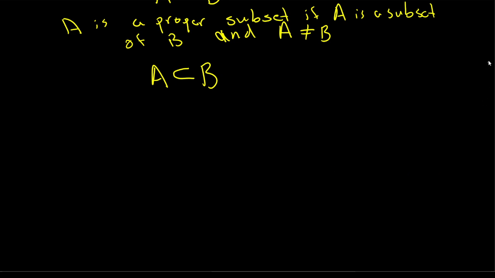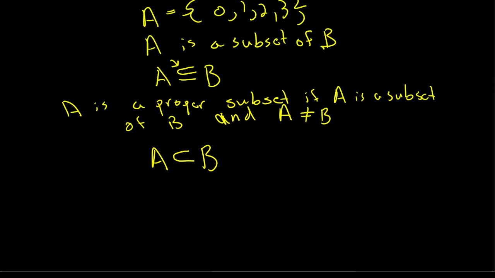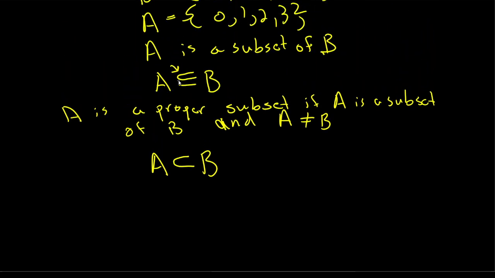We can think of this as being very similar to being less than or equal to, in a way. A's elements are in B, and they could be the same.